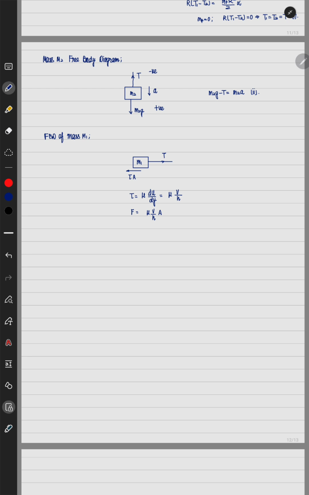Now let us write this to be positive direction, this to be negative direction, and acceleration is happening in this direction. Now write the force balance: T minus mu into V by H into A is equal to m1 into acceleration a.